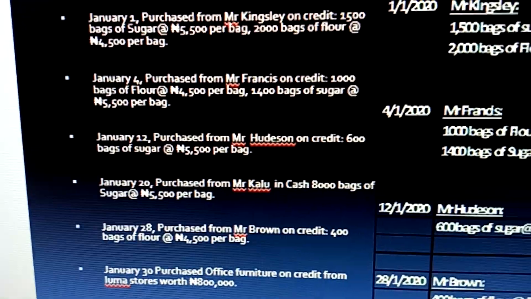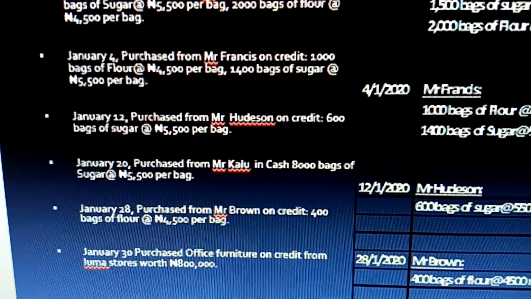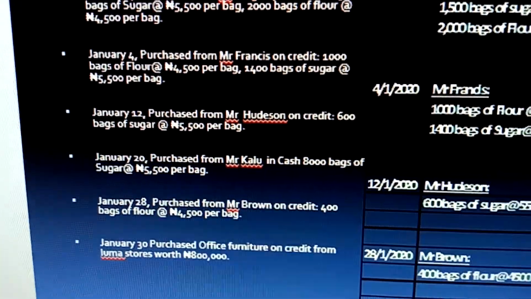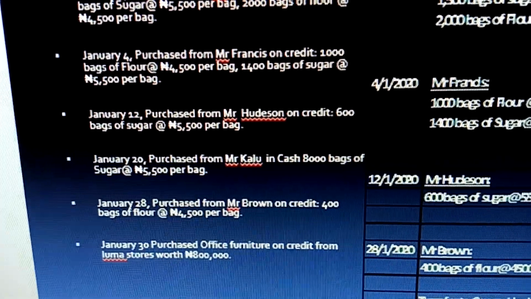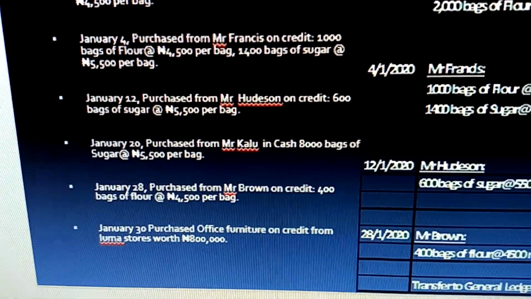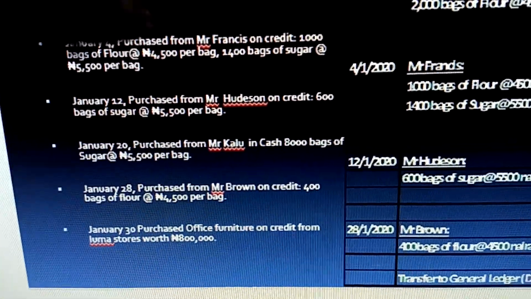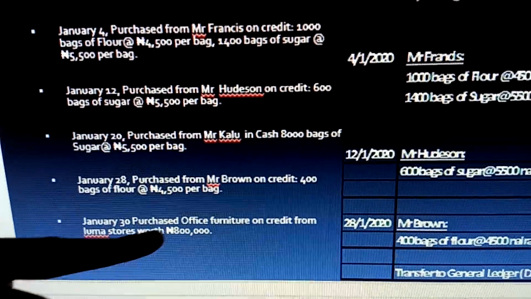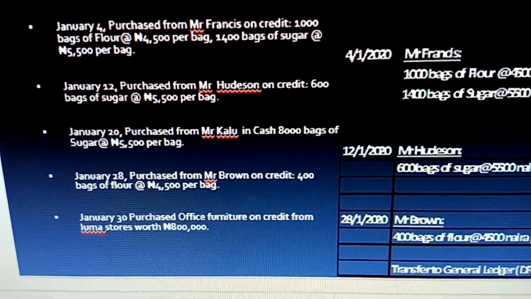The next transaction says January 30th, purchased office furniture on credit from Luma stores worth 800,000 naira. That also takes us back to what the Purchases Day Book is meant for. Remember, we define it as a book used for recording purchases made on credit, and these purchases must be what the business deals in. Mr. Yauvi deals in flour and sugar, but here he's purchasing office furniture, which is not what the business deals in.